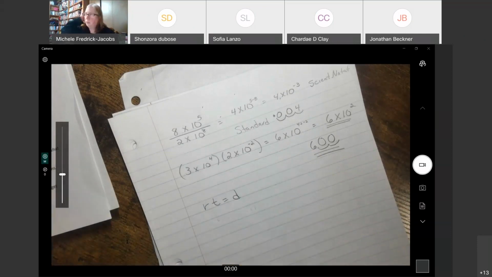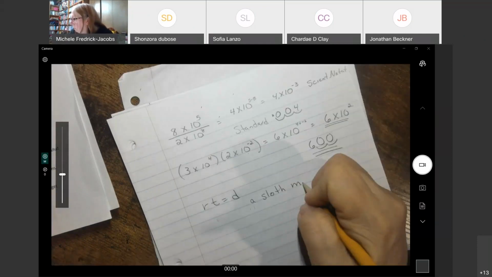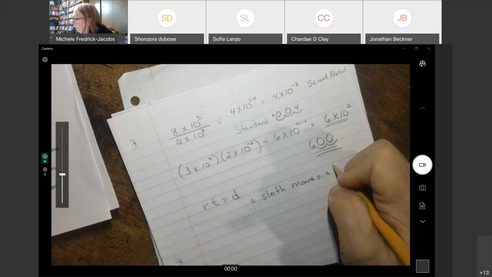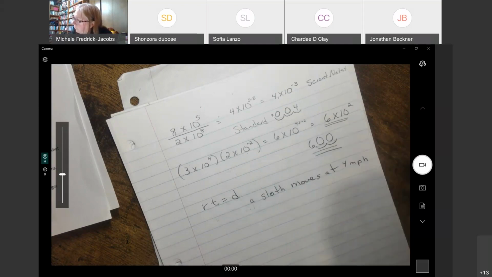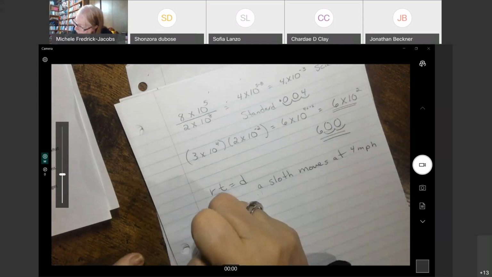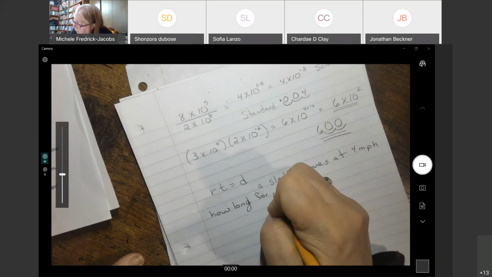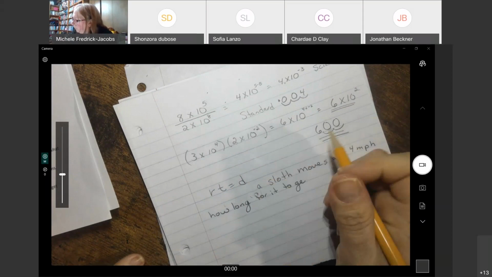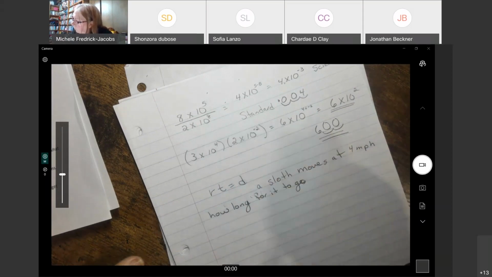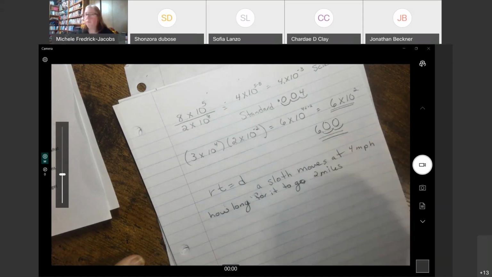So a clock moves at pretty slow, 4 miles per hour. How long for it to go 2 miles?